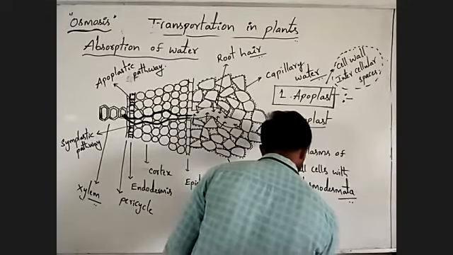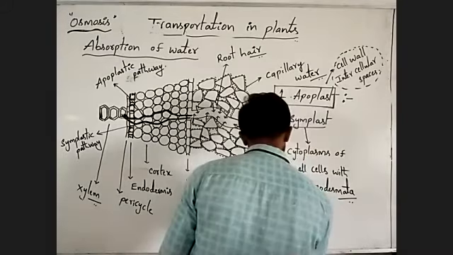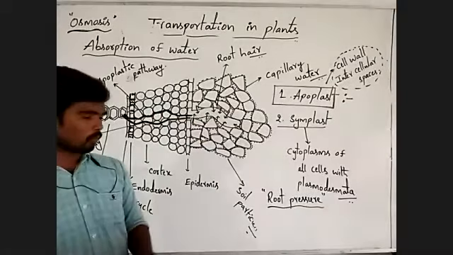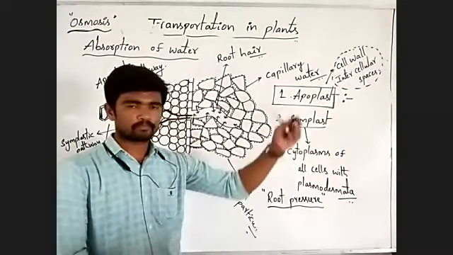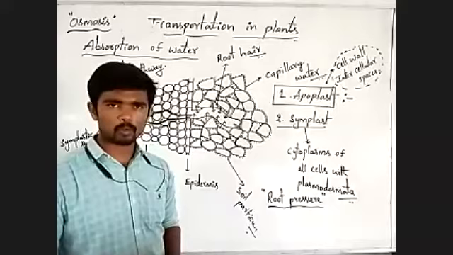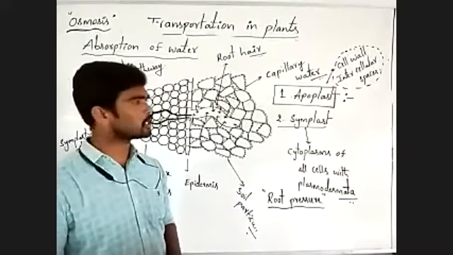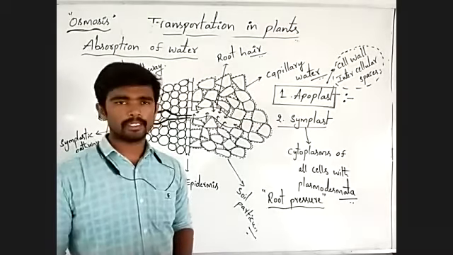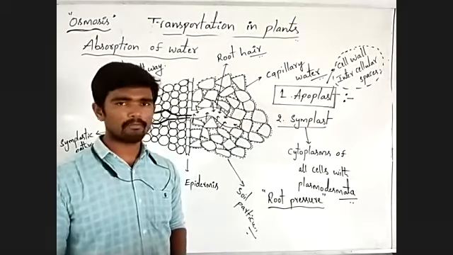Very, very important. Remember, root pressure. What is root pressure? As a number of root hairs are involved in absorption of water, more water enters the xylem vessels at a time.